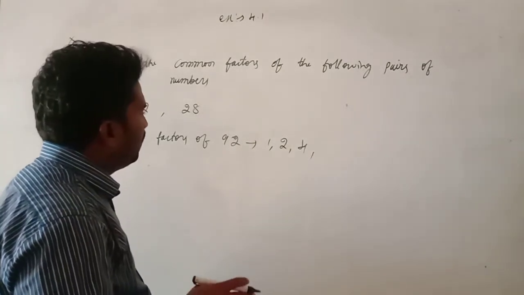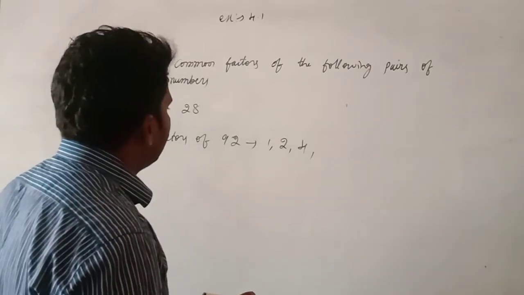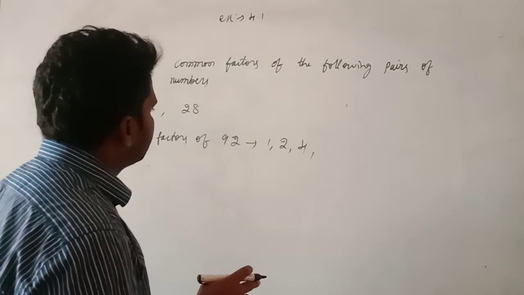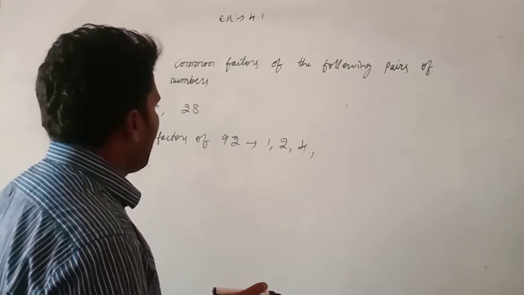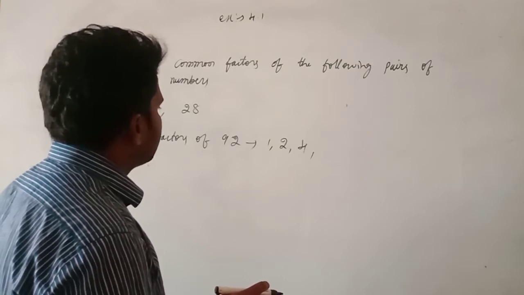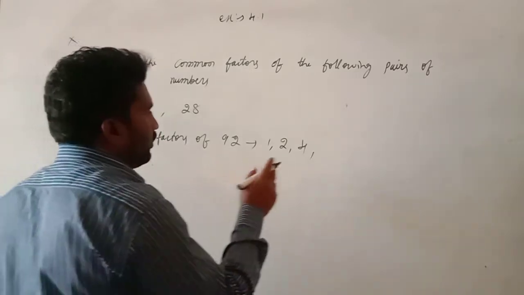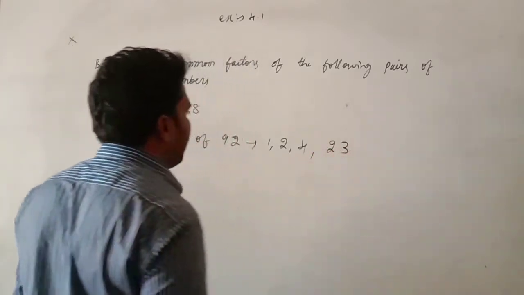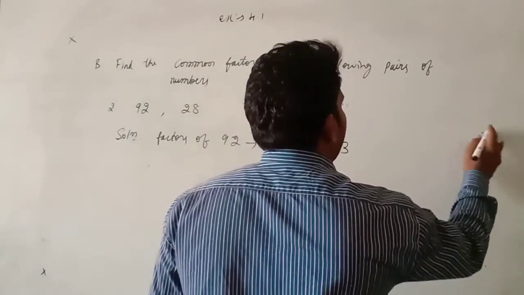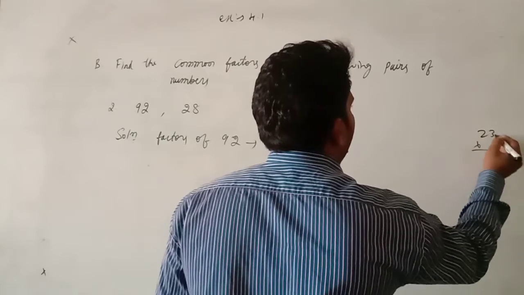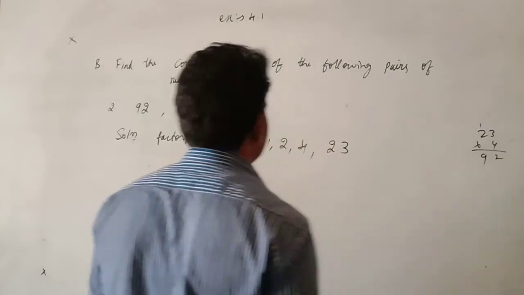10, 11, 12, 13, 14, 15, 16 no. By 23: 23 fours are 92. 4 twos are 8, 4 threes are 12, carry 1, so 92.